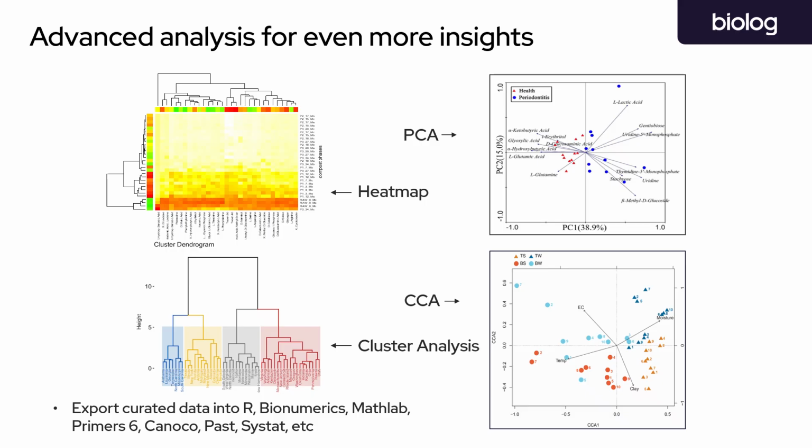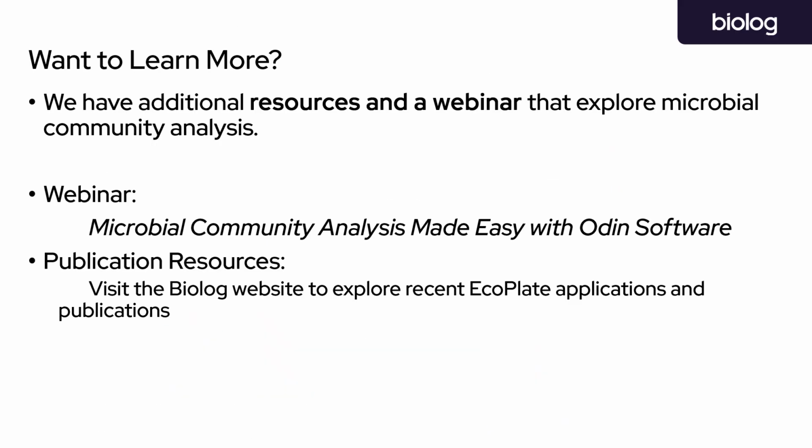You can do principal component analysis, cluster analysis, canonical correspondence analysis, and these are all the more advanced techniques where you would need more data, more plates, and more samples, right? And so if you want to learn more about these analysis tools, we have many resources available on our website. We have a webinar that explores the microbial community analysis tool, and we have a huge list of publication resources on our website that you can come and visit.